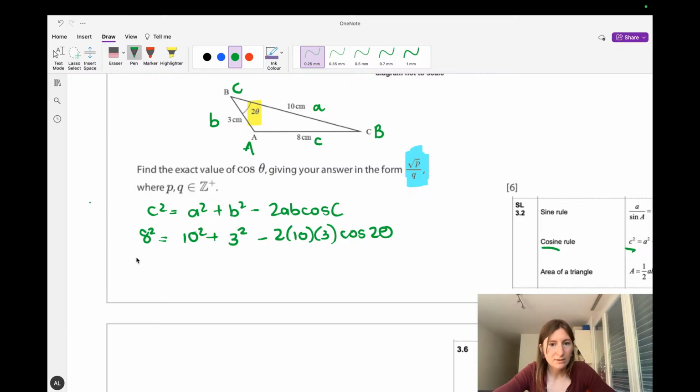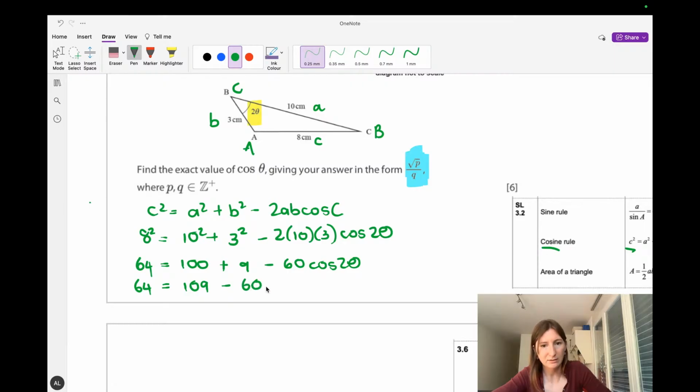Now let's multiply this out. Still not sure where we're going. We'll probably end up with that and then have to solve. 100 plus 9 minus 60 cos 2 theta. Now we have 109.